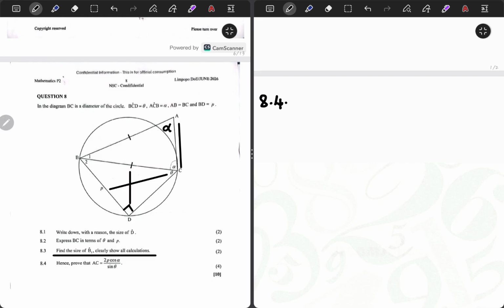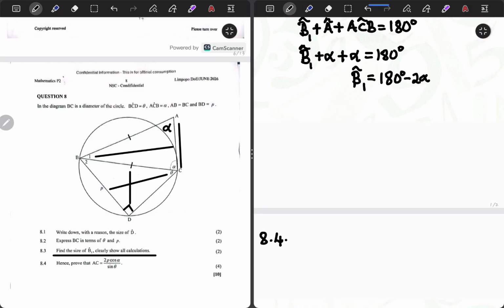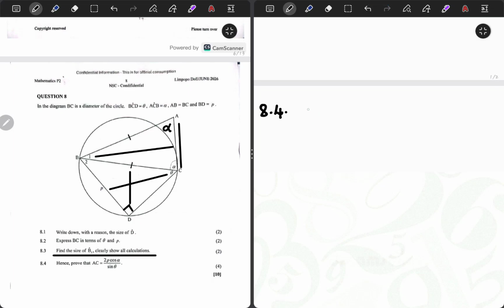We'll use the sine rule to say AC over sine of angle B1, which we already have, equals BC over sine A. This is where we start.